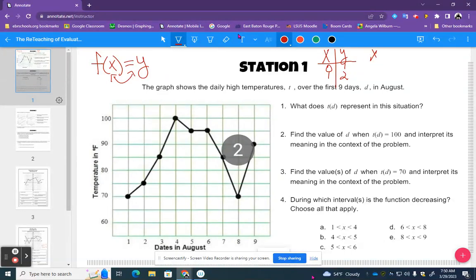This is the same exact thing as that. These two things are the same thing. It doesn't matter if they have f of x up here or if they have y, because f of x and y are the same. So does everybody understand that concept?